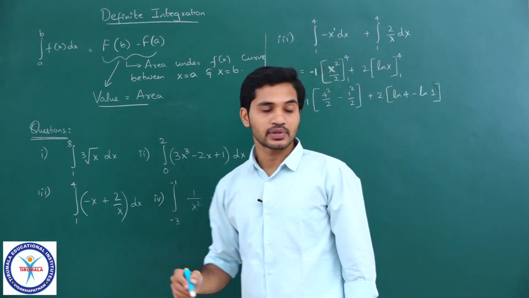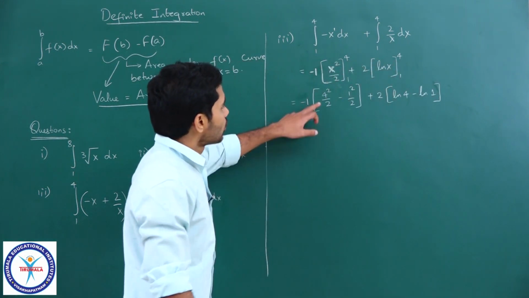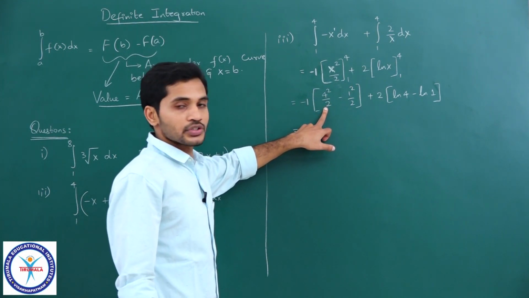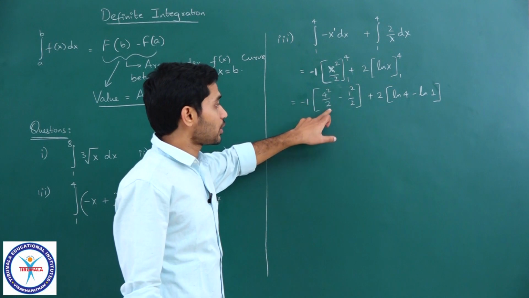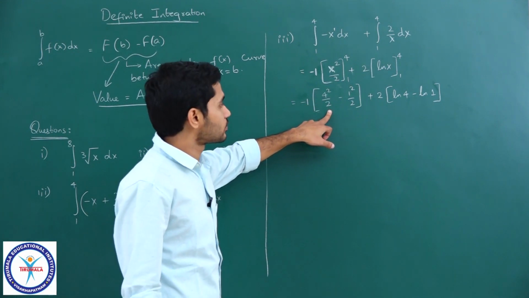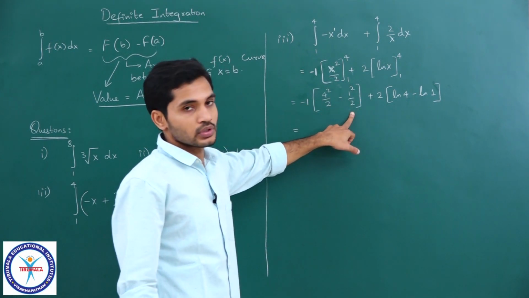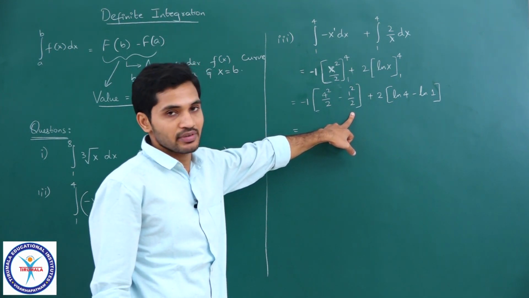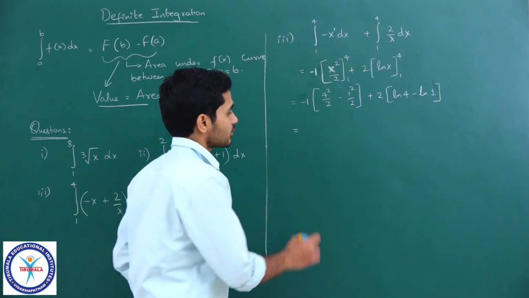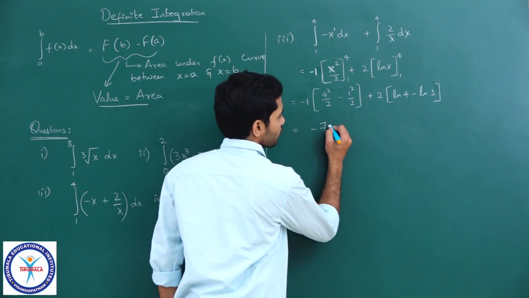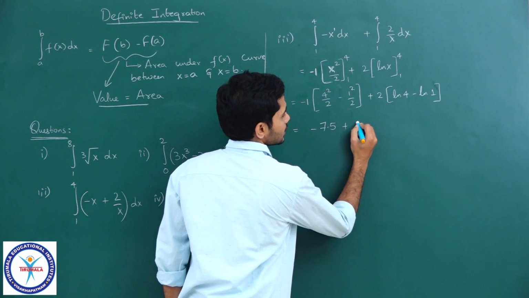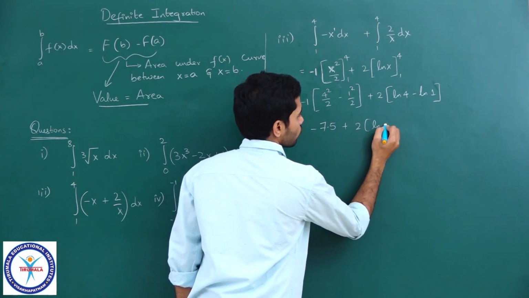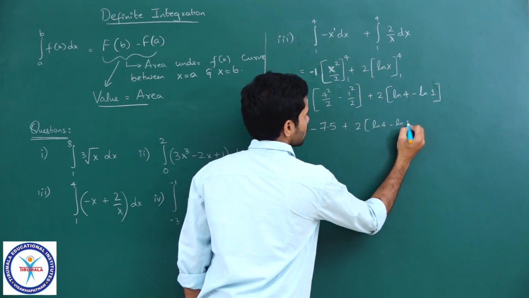So, simplifying this will give us what? 4 square by 2 is 16 by 2, which is 8, minus 1 by 2. So, 8 minus 1 by 2 is 7.5, but there is a negative sign. So, minus 7.5 plus 2 into ln 4 minus ln 1.